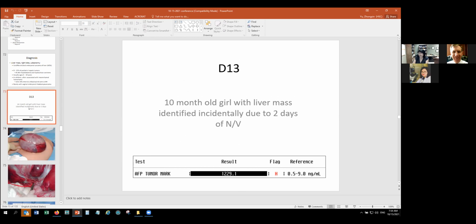So we move on, number 13. This is a 10 month old girl with a liver mass, identified incidentally due to 2 days of nausea and vomiting. AFP is slightly high, not as high as in hepatoblastoma, but at 10 months old you often think this could be hepatoblastoma, but it was an incidental finding.